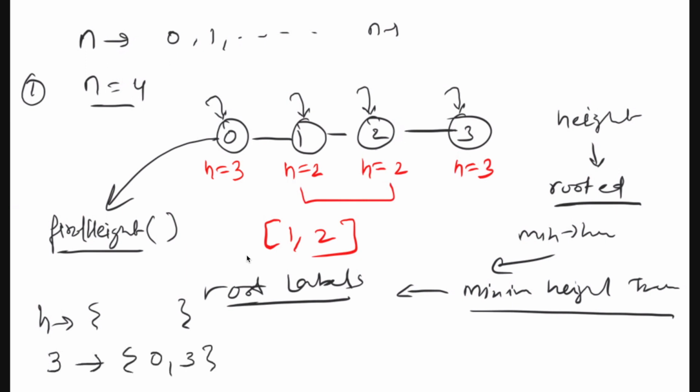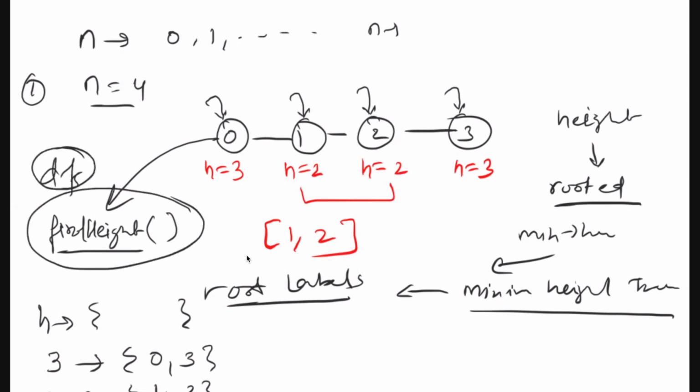For height 2 we can map it to an array of nodes containing 1 and 2. So in the end, after iterating through each of these nodes and doing a DFS approach to find the height for that rooted tree and getting this map, we can just return the array corresponding to the minimum height as my answer.